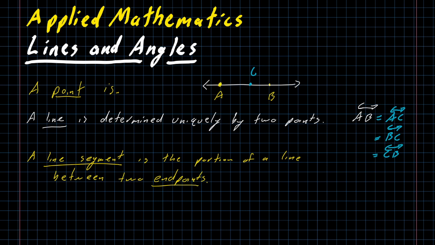So if I have my point A and my point B that I've already been talking about, and I want just this much of the line, I can describe that as line segment AB. I put a bar over it without arrows to indicate that this is a segment.